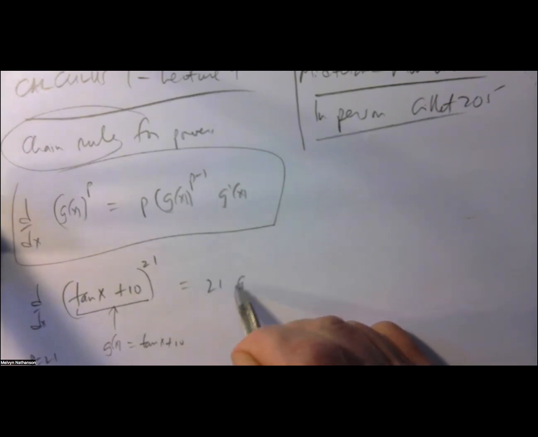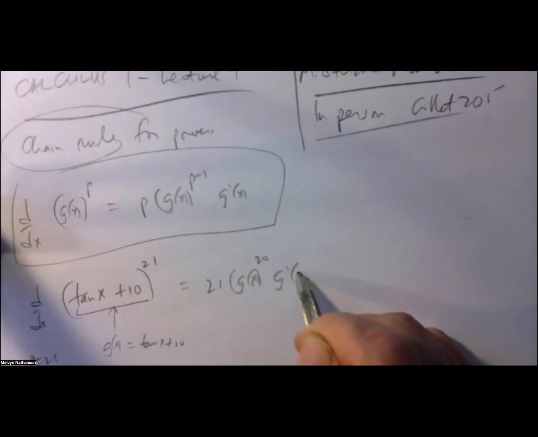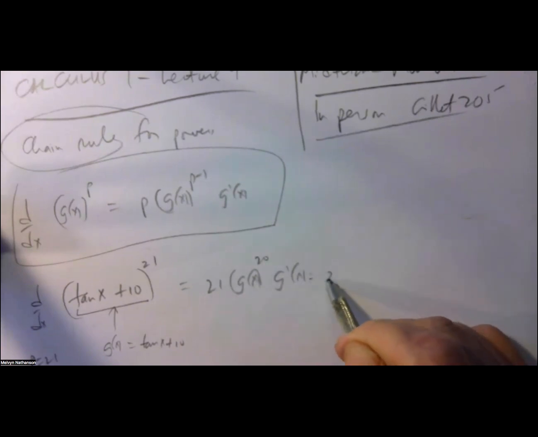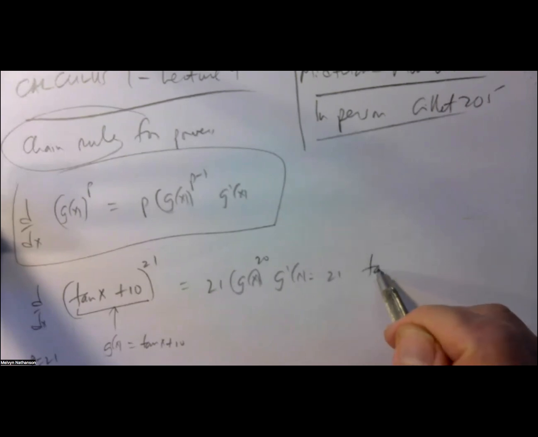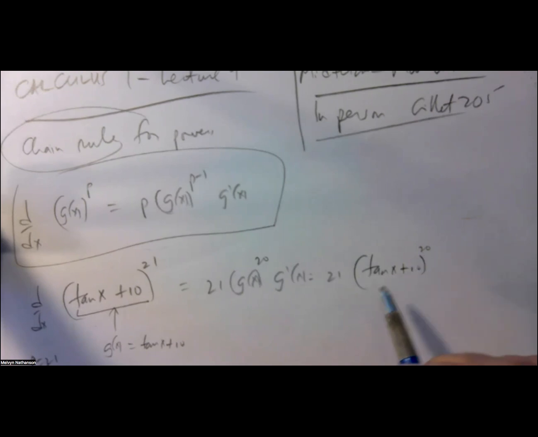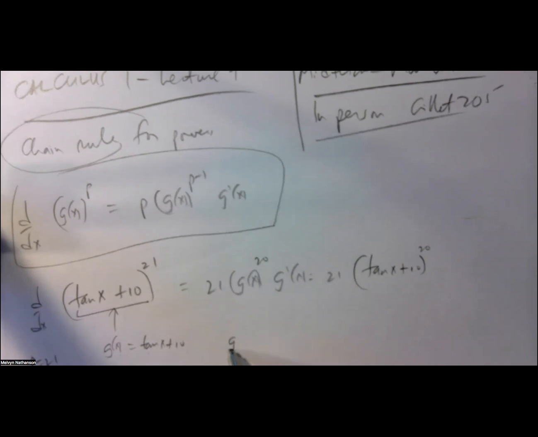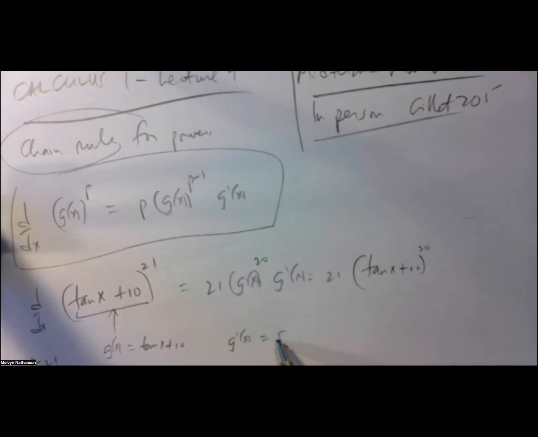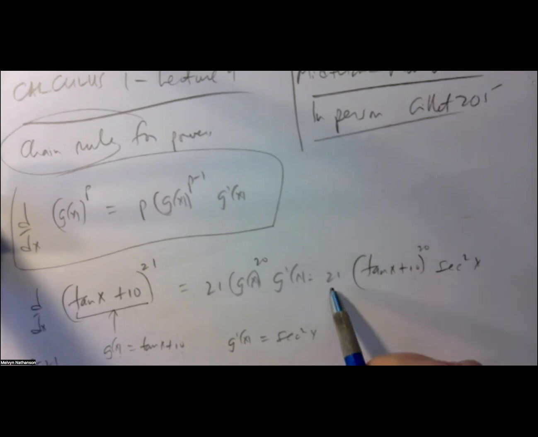So we get 21 g of x to the p minus 1, which is the 20th, g prime of x. So that's 21 times tangent x plus 10 to the 20th power times the derivative. If g of x is tangent plus 10, the derivative of the tangent is secant squared, and the derivative of 10 is 0. So this is 21 times tangent x plus 10 to the 20th times secant squared x.